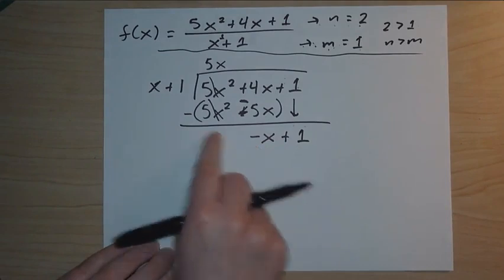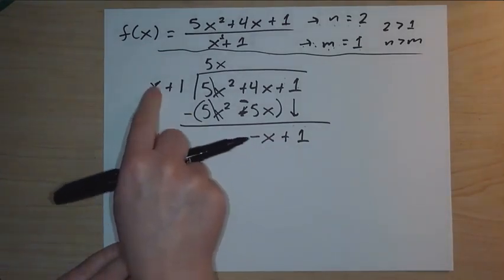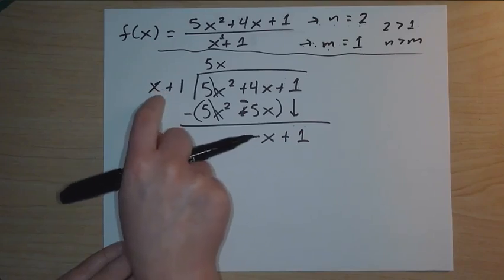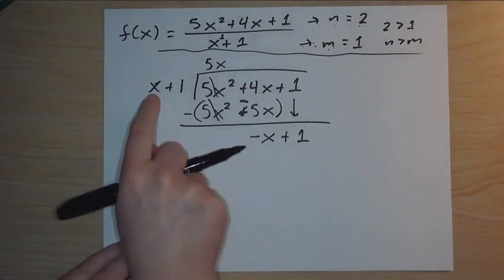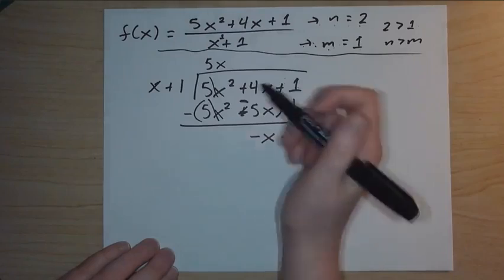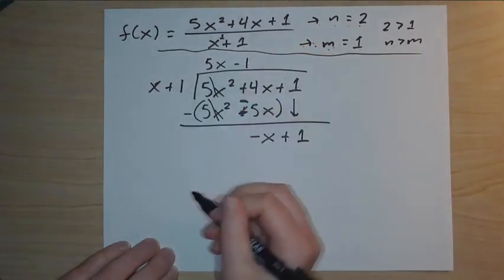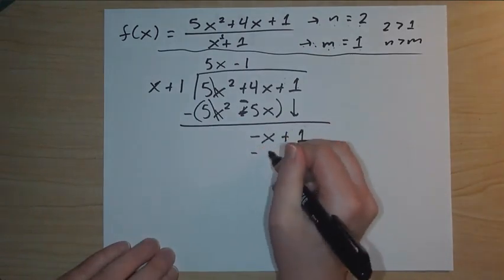So next we look, it looks like we can still multiply something from this first leading x to get this. So we can multiply negative 1 by this x to get this negative x. So I'm going to put that here. Negative 1 times x is negative x.